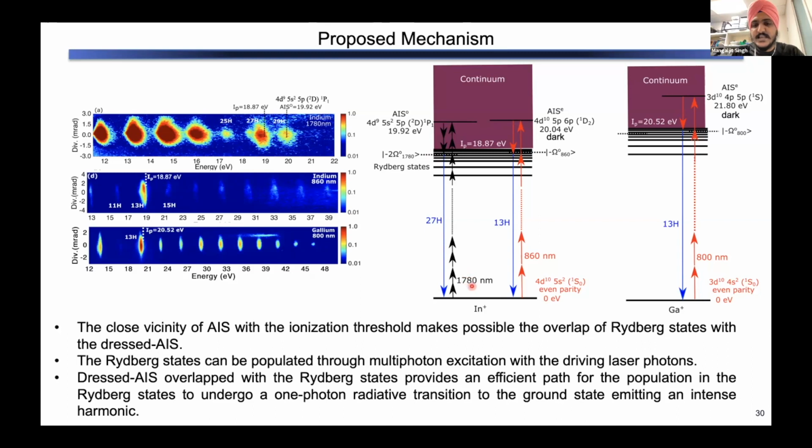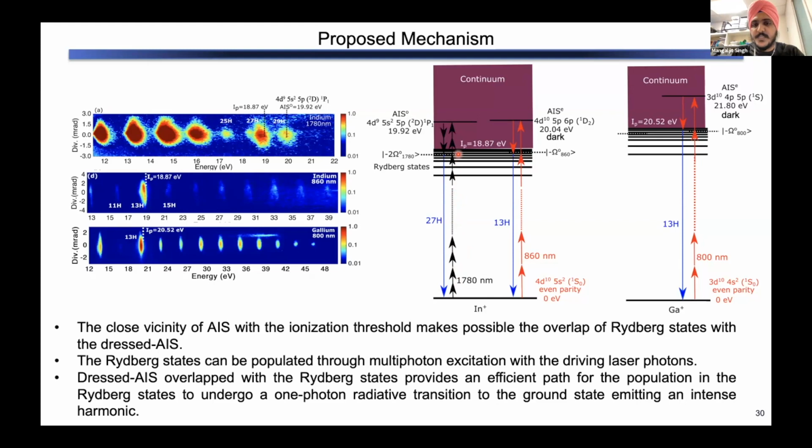So at 1780 nanometer driving laser wavelength, which is the case in the first figure, we have the multiphoton resonance with the IP. And because these are broadband pulses with a typical FWHM bandwidth of about 40 nanometers, or more, we simultaneously have a multiphoton resonance with the autoionizing state.